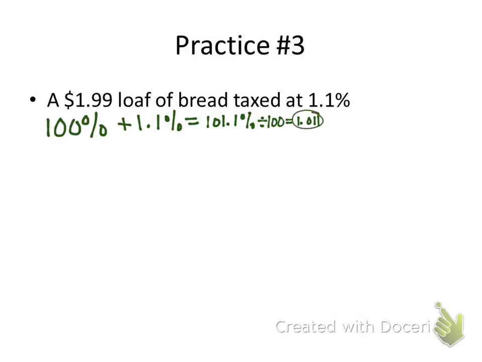Circle it. So that's my multiplier. Good. Kristen. Yes. Here we go. 1.011. Kristen. So step 4 tells me multiply my original amount by my multiplier. So what did that bread originally cost me?